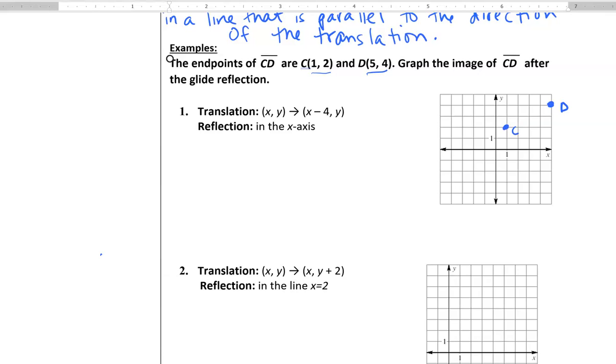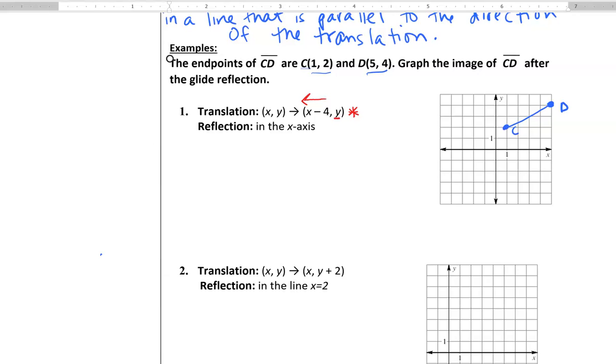Now, to do the translation, I'll probably do this in red. I forgot to make my segment, so make your segment. Okay, so when I look at the directions here, I'm doing x minus 4. So I'm going to travel to the left 4 units, and then I'm just going to stay where I'm at for y. I'm not going to go up or down.